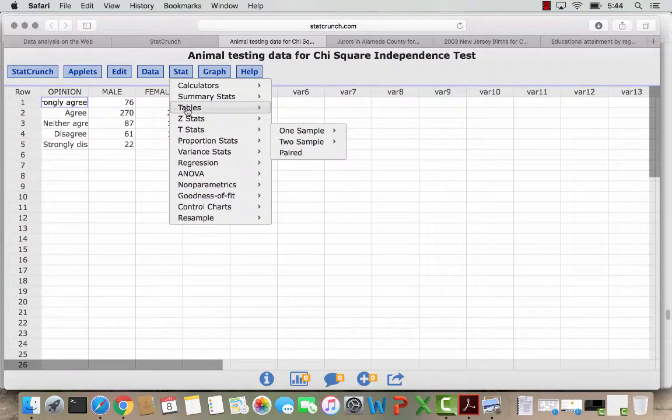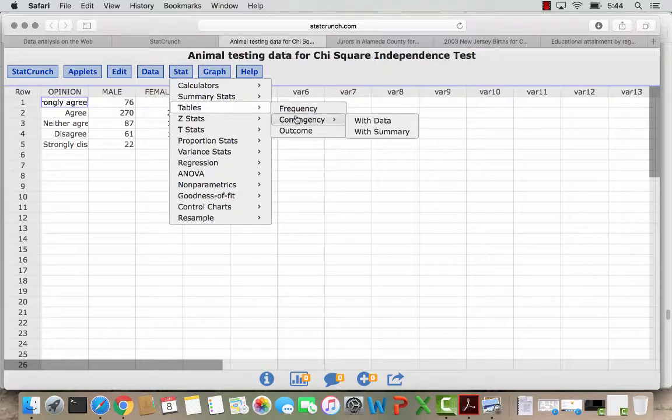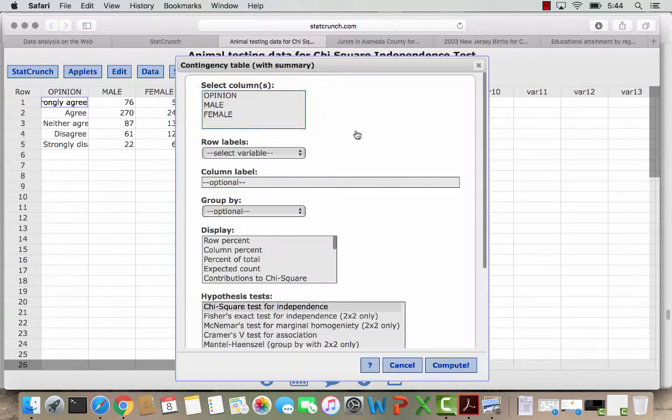And this is a contingency table, and we're going to select with summary. There's not an independence test in the same way that there's a goodness of fit test. And then we want our columns to be the male and the female columns. So hold Control or Command if you're on a Mac and highlight those.